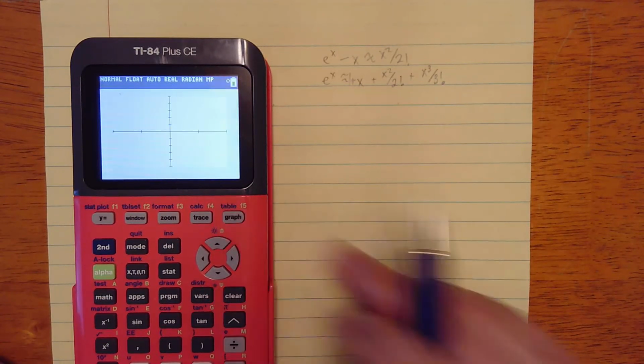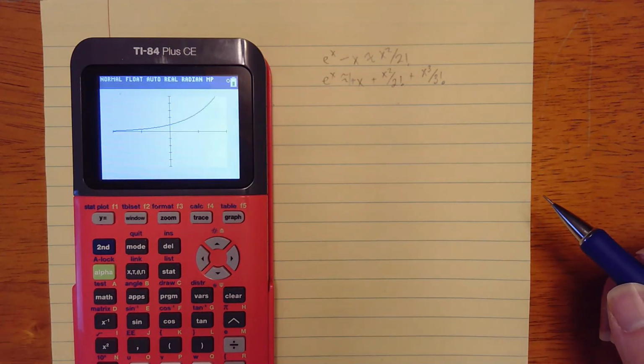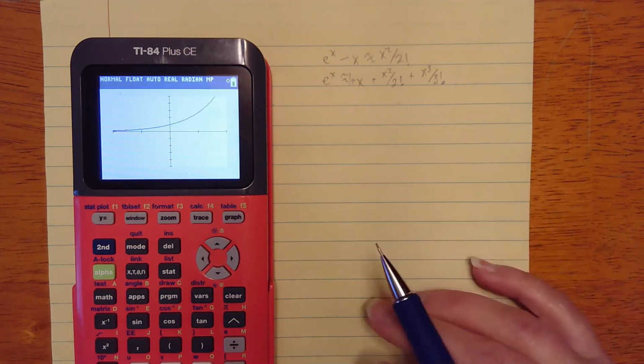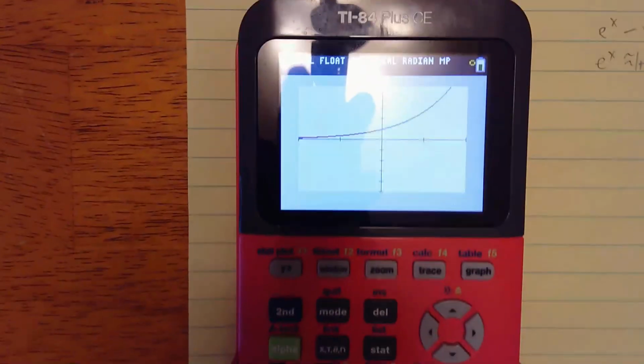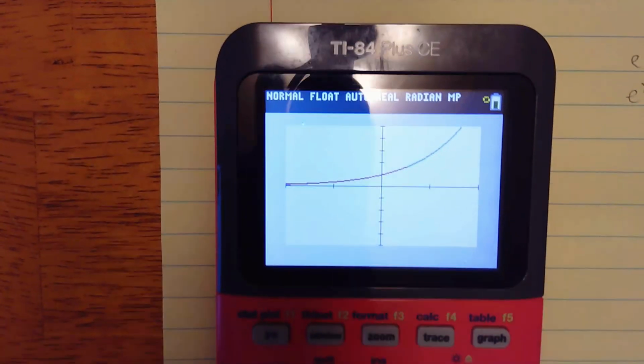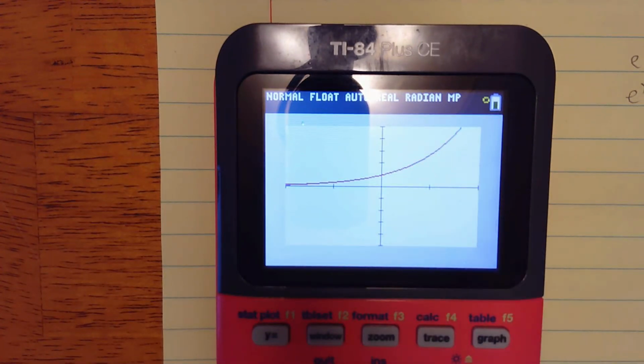I didn't do this in class, so we'll see what happens here. So that's my e to the x. And it's really hard to see. Maybe I'll zoom in here. But the red graph is right on top of the blue graph. And you can always put these in your own calculator and see that one is lying right on top of each other. Okay?